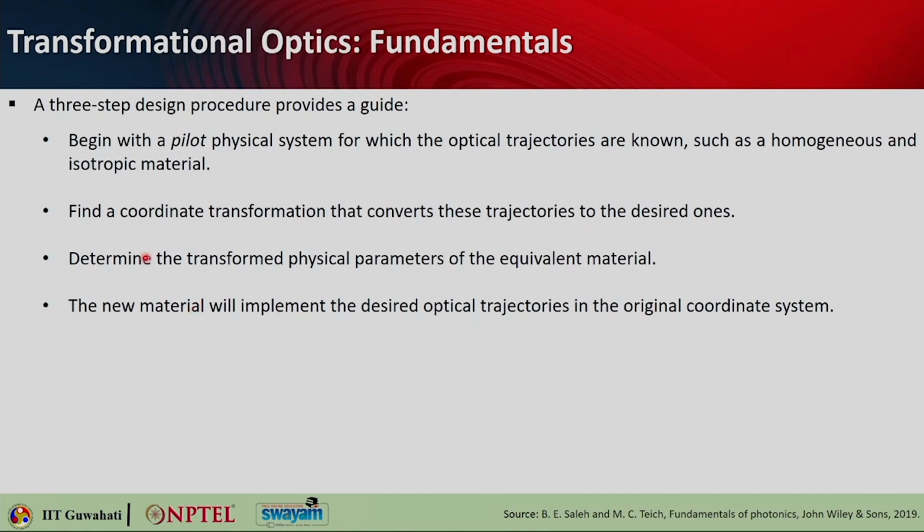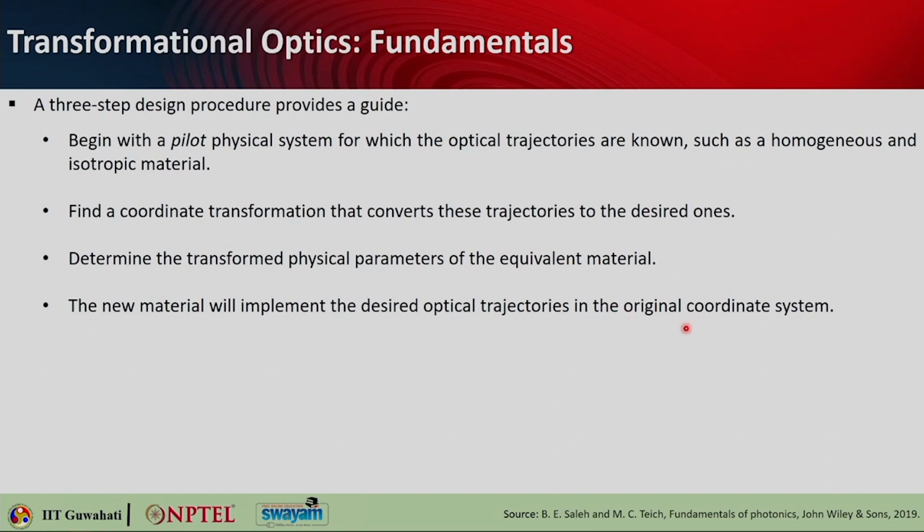And then you determine the transformed physical parameters of the equivalent material. This is the third step, and with this new material you will be able to obtain the desired optical trajectories in the original coordinate system. So this is what you are looking for.